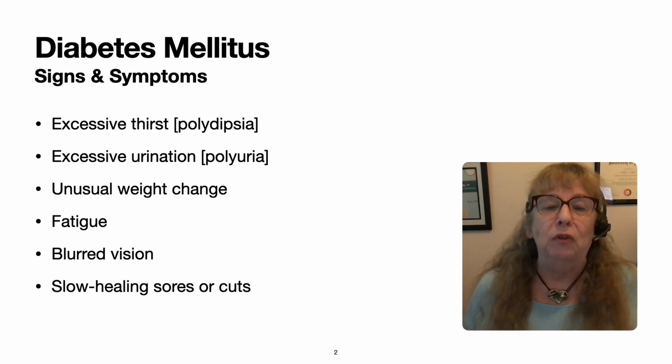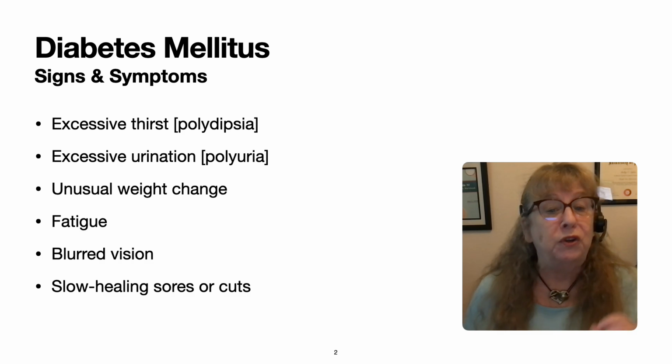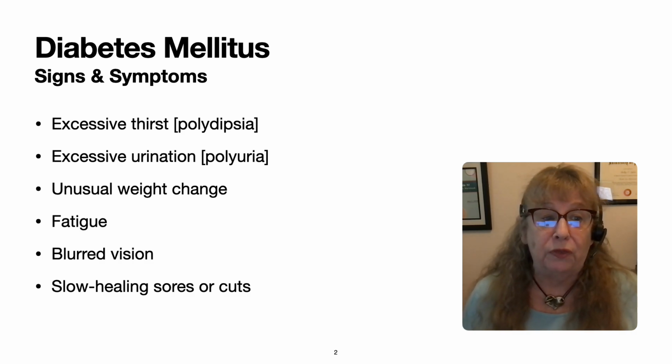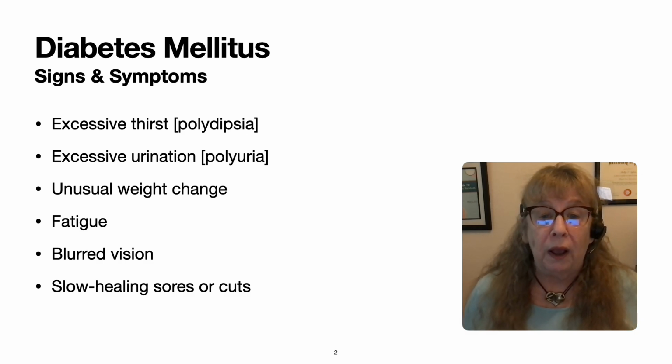Diabetes mellitus means that the body, most particularly the pancreas, cannot properly process insulin. The signs and symptoms include polydipsia, which is the medical term for excessive thirst, polyuria, excessive urination, unusual weight change, fatigue, blurred vision, and slow healing sores or cuts.